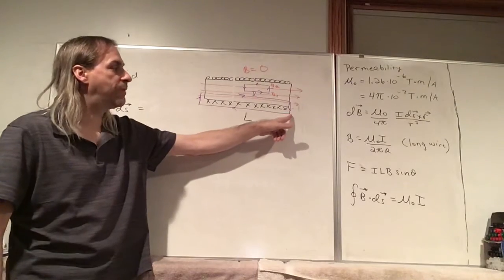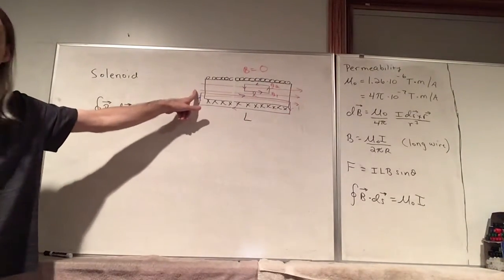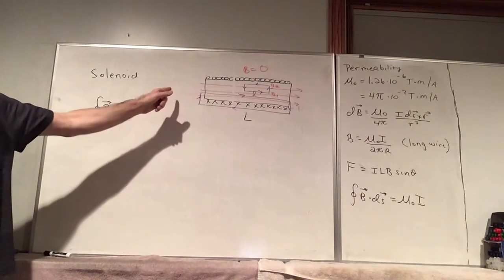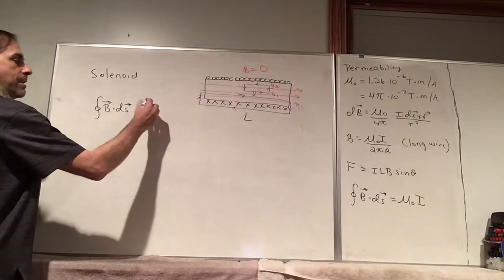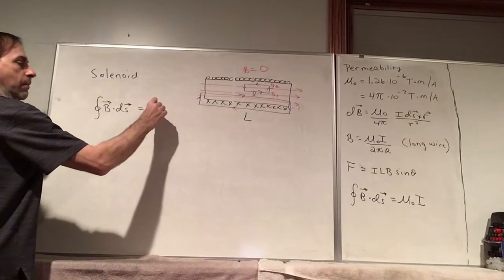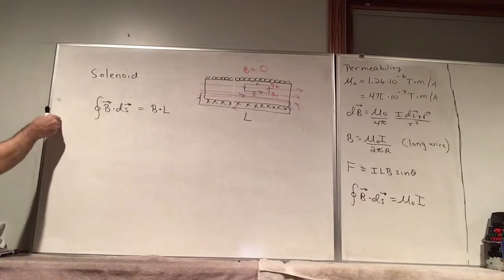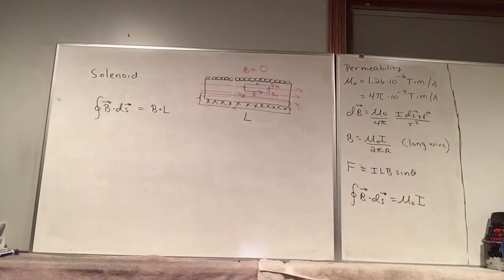Again, we're saying the magnetic field outside the solenoid is zero, so that does nothing. This does nothing. So far we have 0 plus 0 plus 0. But now inside the solenoid, we have B times the length of the solenoid. So B is constant inside the solenoid in both magnitude and direction. So we can take that out, and then we have the integral of ds, which is just L. Okay, that part is easy.